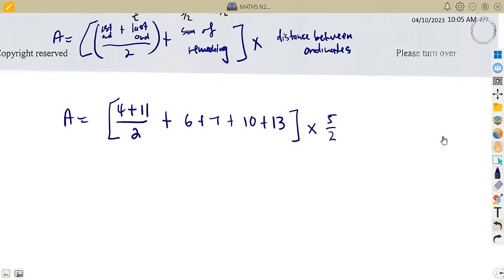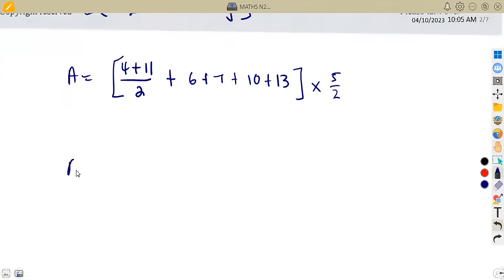That is going to give us the area in this case. Here we've got 4 plus 11, which is 15. If we divide by 2, that's 7.5. Plus these other ordinates, if you add them together, that gives us 36.